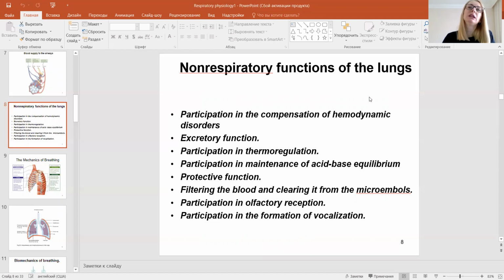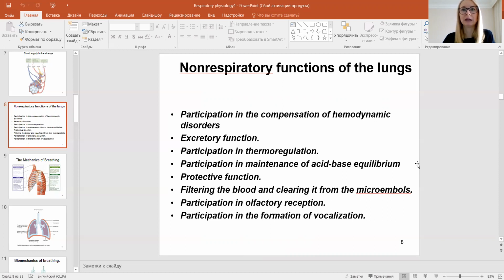These are participation in the compensation of hemodynamic disturbances. It is realized due to the ability of the pulmonary vascular bed to deposit a significant amount of blood without essential disturbances of the respiratory function. Lungs can deposit up to 500 milliliters of blood.